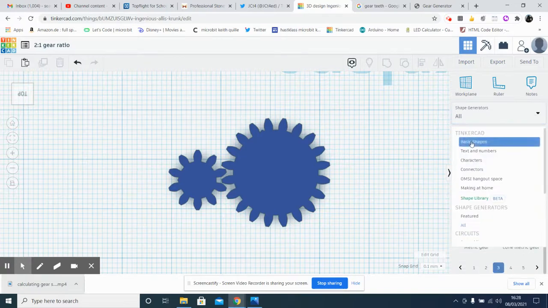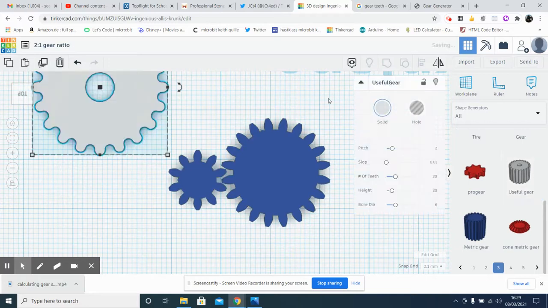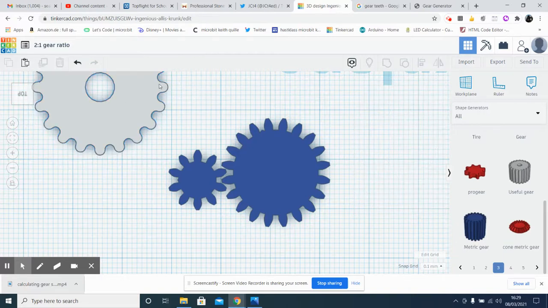You just go to your shapes, go down to shape generator, and on the third page you've got gears. You just drag them out as normal, just like so. So that's our useful gear I just brought out. It comes with a hole for the shaft on it already. It's a bit of a simpler looking gear, but it's fine.